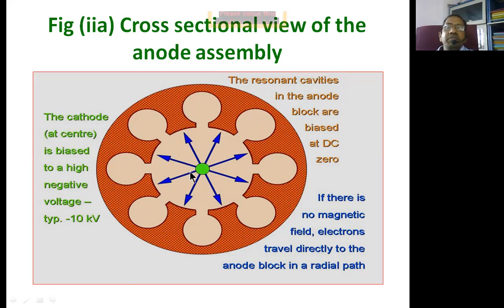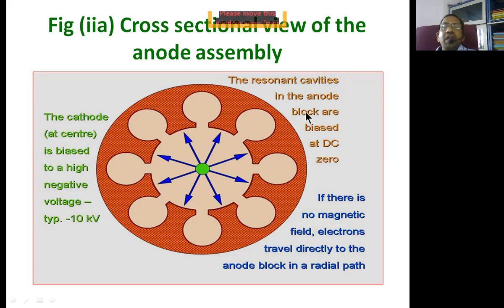That means they are moving in a radial fashion towards the cathode, because the cathode is positively charged whereas the electron is negatively charged. Therefore this cathode is going to emit the electrons radially outward towards the cavities. When the magnetic field is zero, they simply go in a radial fashion in the direction of the cavities.